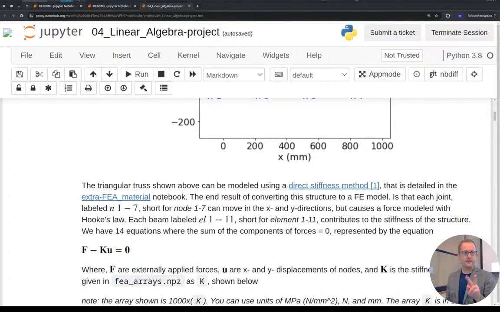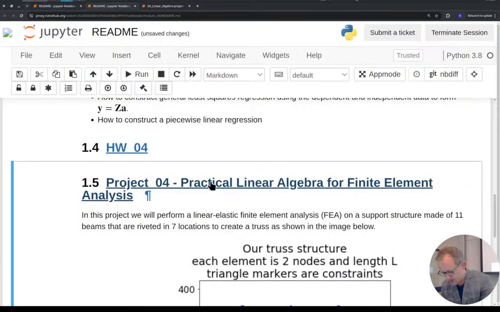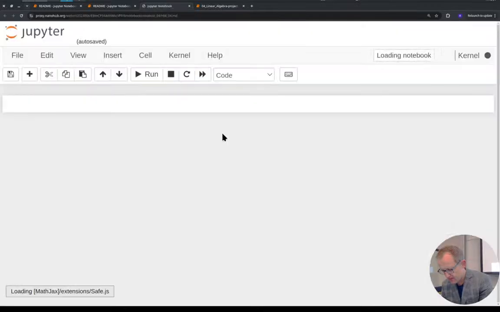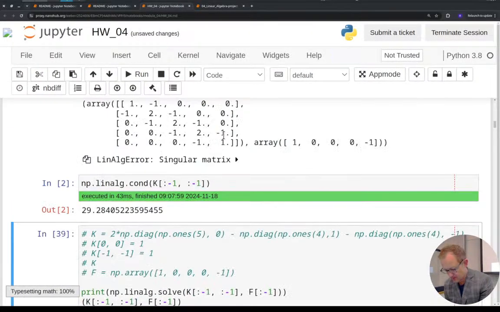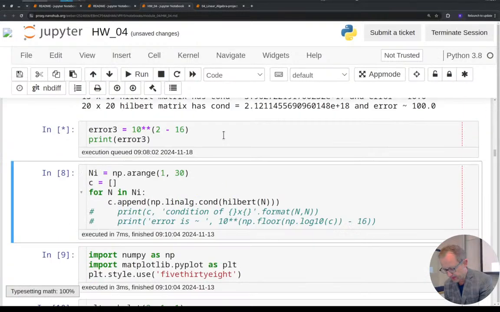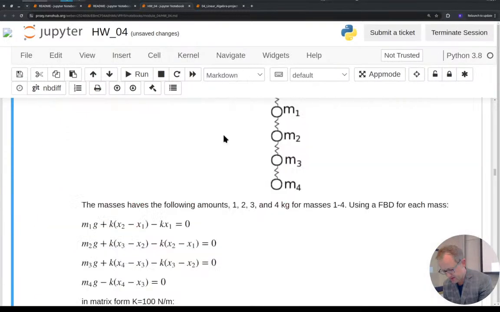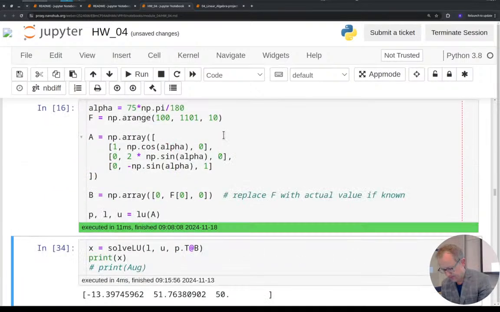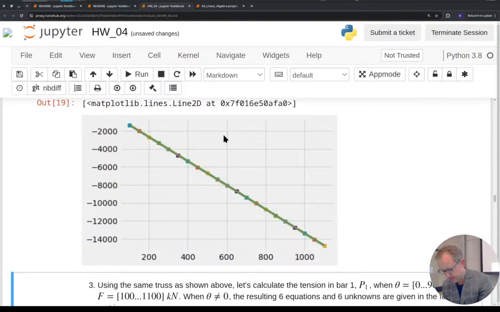Well, so there are two answers to this. One is recognizing, like we did in the homework, when we were looking at the truss problem, and we said for a given force from 100 to 1100, there's some internal force, and it's always linear, because if we're solving a linear algebra problem, the answer is always scalable by that amount.